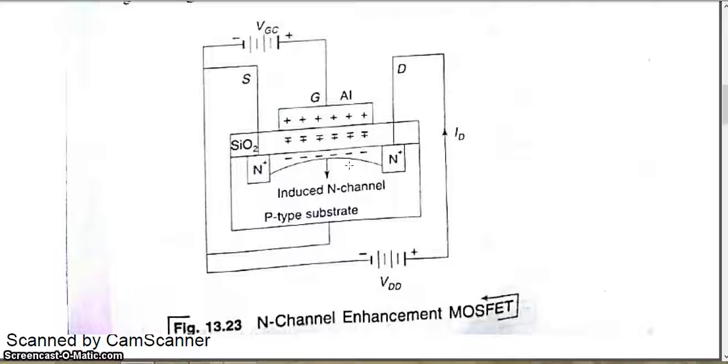Then what is the main difference between depletion mode and enhancement mode? In enhancement mode, there won't be any channel between this source and drain. This is the channel. But in depletion mode, there will be an N-type channel from source to drain. That is the main difference between enhancement and depletion mode.